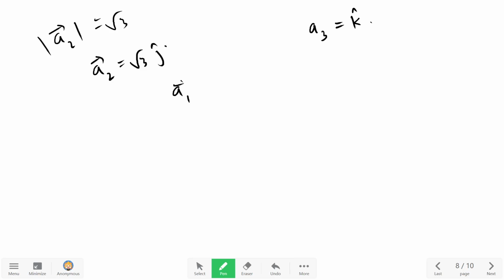Now, the reciprocal lattice vector A1 star is given by 2 pi times A2 cross A3 divided by A1 dot A2 cross A3.